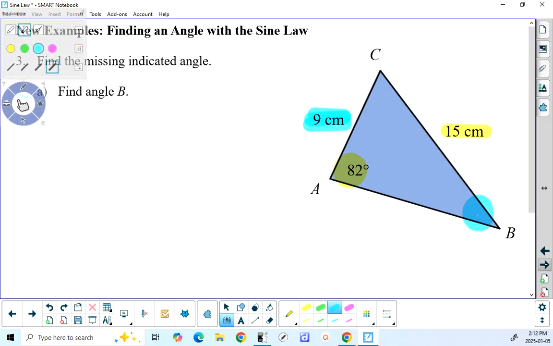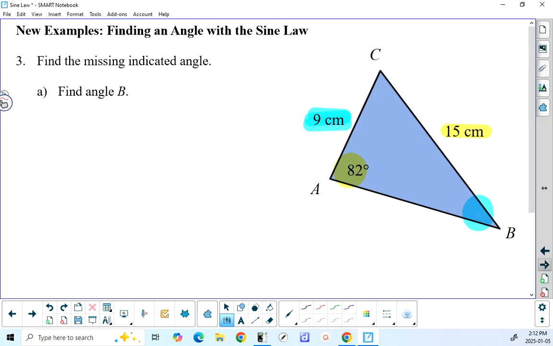I'm going to write now the sine law, but I'm going to put sine of angle B over 9. Because I'm trying to find the angle, it's easier, my feeling is, for students to find the missing thing if it's on the top. And that means we can write this is equal to sine of 82 degrees over 15.